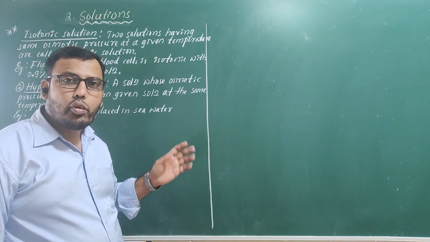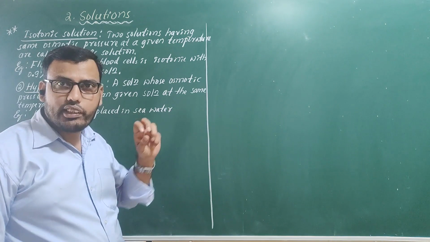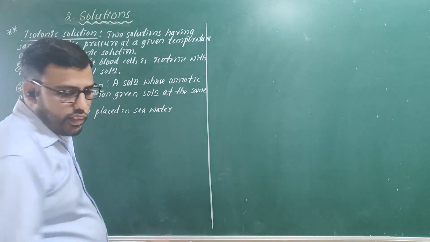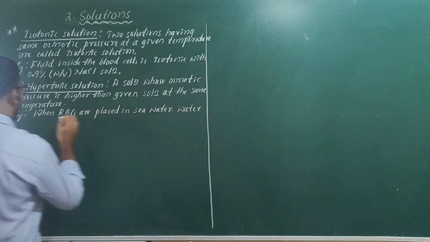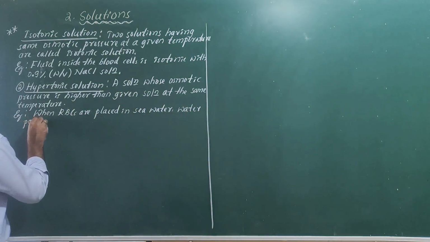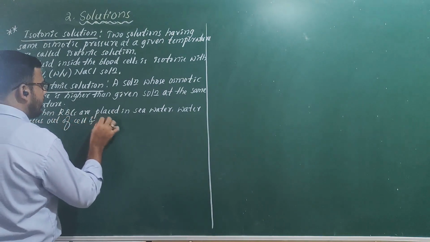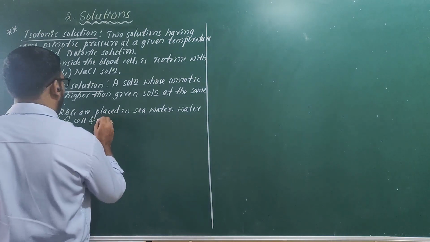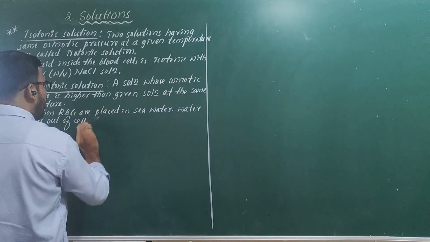As a result, the size of the RBCs shrinks, or decreases. Water passes out of the cell and the cell shrinks. Why is it so? Due to osmosis.